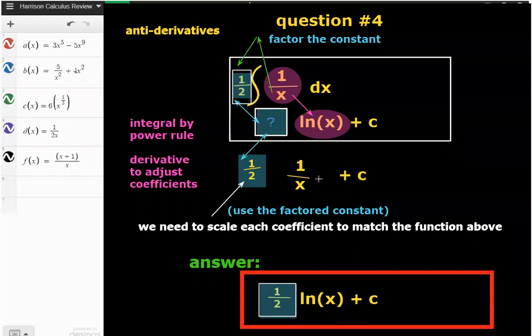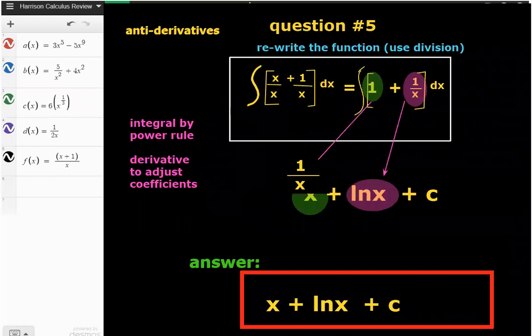All we have to do is bring that constant that we left factored down, and we have the correct scaling. So that would bring us back to the original. That would match the coefficient of the original function. And the answer is a half times the natural log of x plus c for question 4.